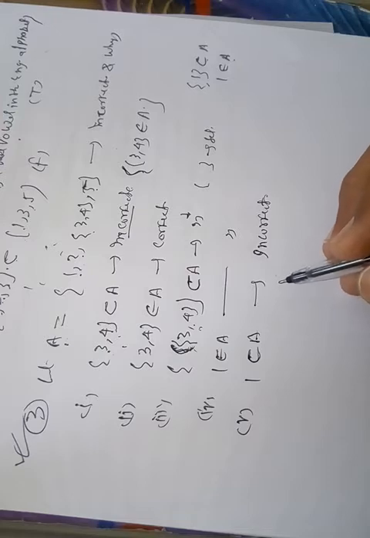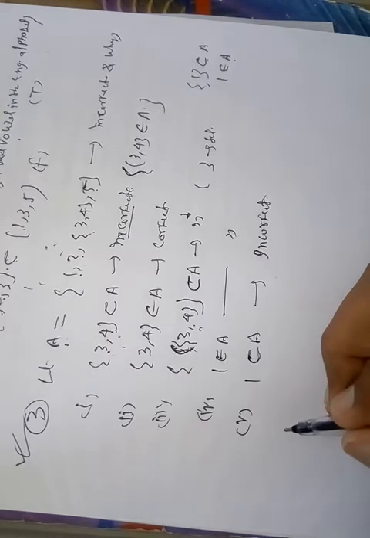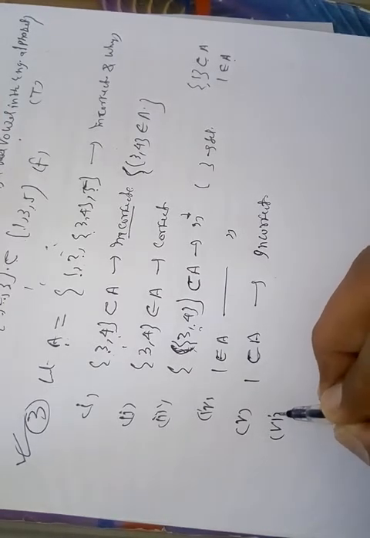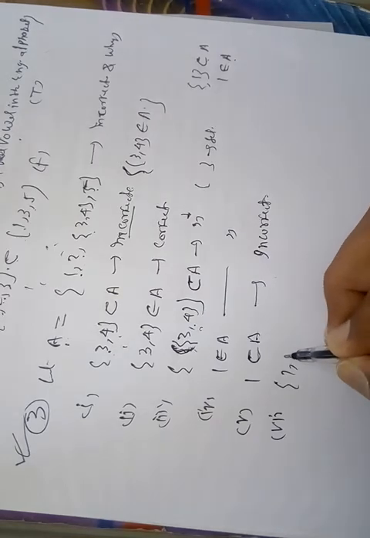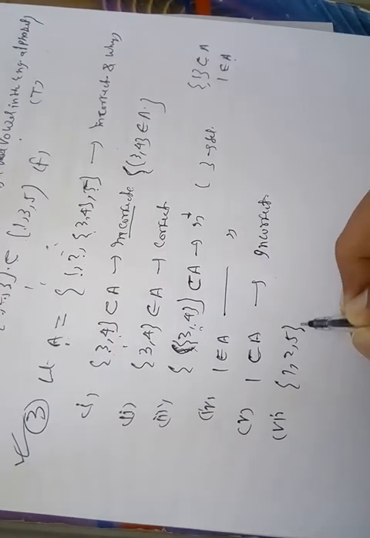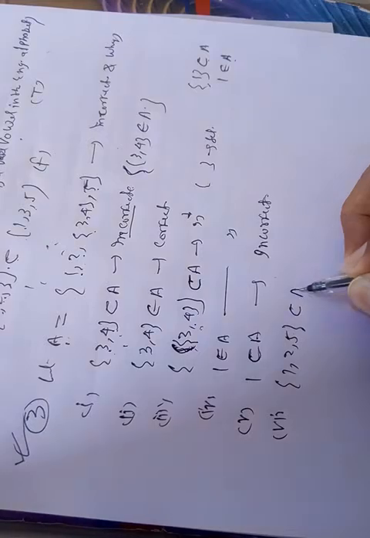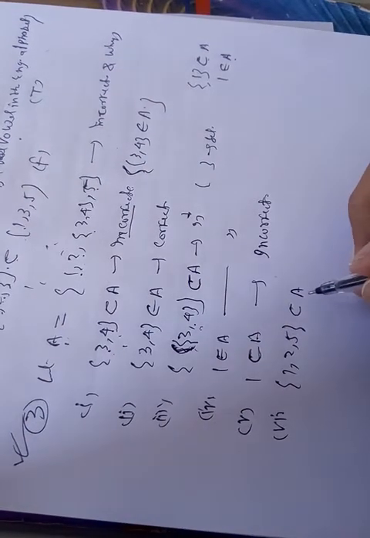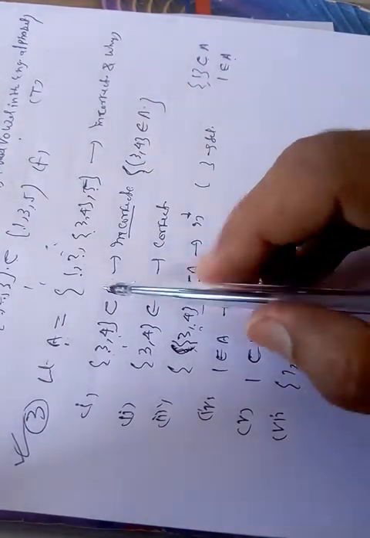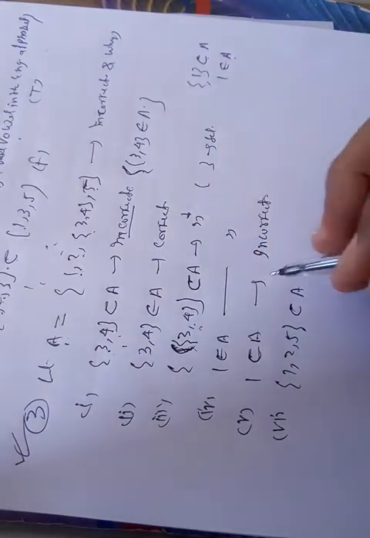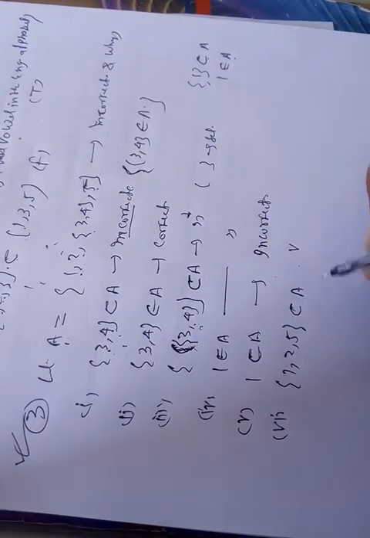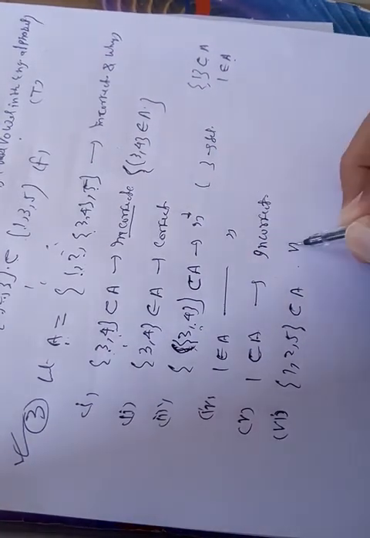And similarly you can solve the fifth and sixth part. {1, 2, 5} is a subset, right? It is already a subset. {1, 2, 5}: 1, 2 and 5 is also a subset. Okay, and this is the sixth part, seventh part.